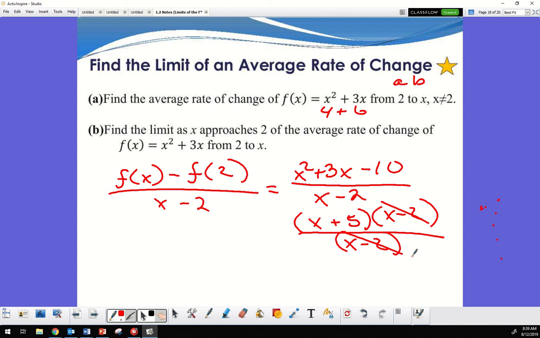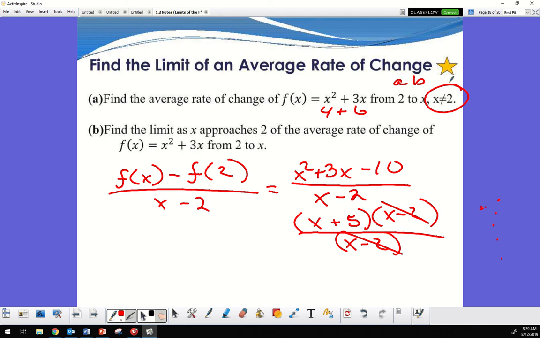In this case right here, why did it say x cannot equal 2? Because what would be in the denominator? 0. Very good. I would have 0, and so therefore it would be undefined. But by doing this right here, I found that I had a hole.